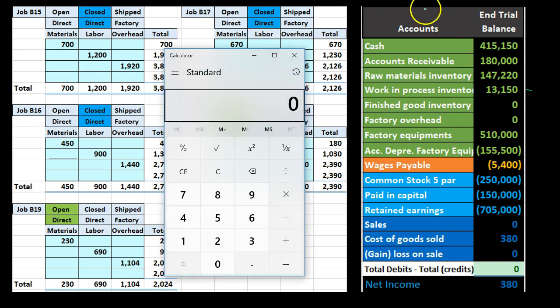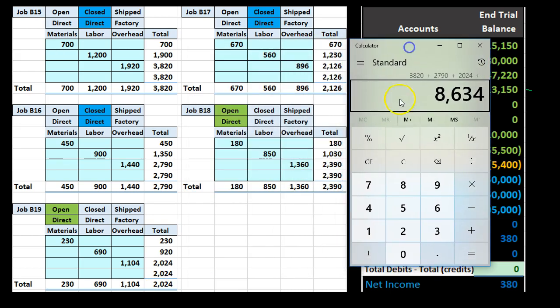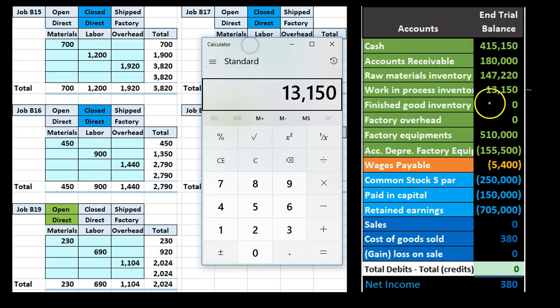In other words, if we add up these jobs, the total job cost is 3,820 plus 2,790, plus 2,024, plus job B17, which is 2,126, and job B18, which is 2,390. That's going to give us our 13,150. So that's the case when they're all open.